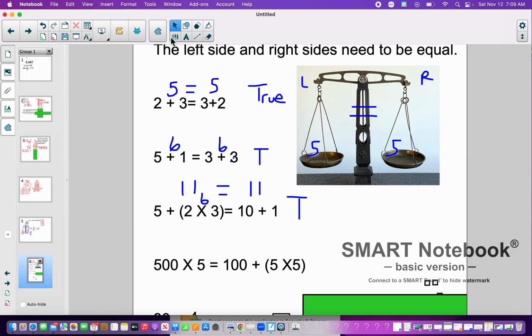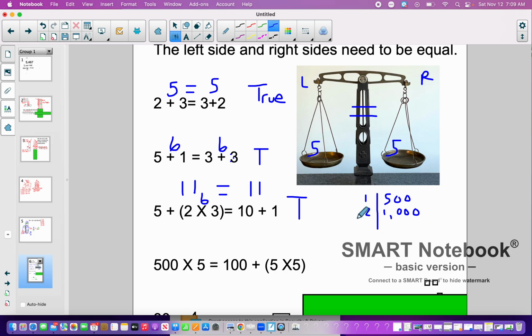Okay, let's take a look at this one. Now some of these, when you get more complicated, you're going to go back and reuse the ratio table. So 5 times 500. So 1 times 500. 2 times 500 is 1,000. Now we can use our doubling.